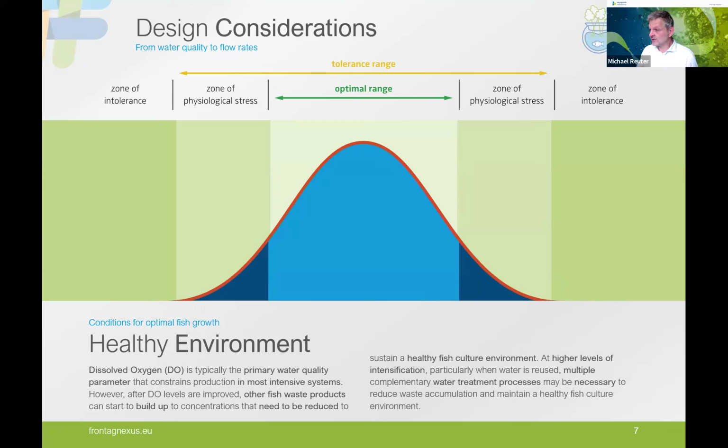We will have a tolerance range where they don't die, but they don't grow that well because they are already in a zone of physiological stress. And we should try to stay always in the optimal range and really take measures if we get out of it and into the tolerance range, because we don't want to get out of the tolerance range, as then we are risking to lose our fishes.